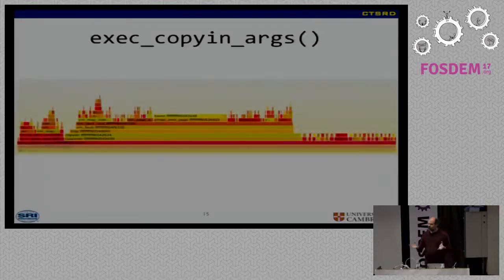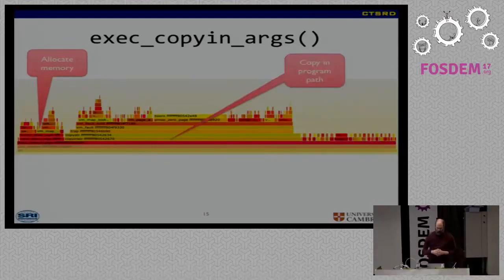So now we're going to zoom in a bit. The first bit of execve is exec_copyin_args. It does a bit of memory allocation in the kernel, and then it copies in the program path as well as all the command line arguments for the program and all the environment that was passed to the program.